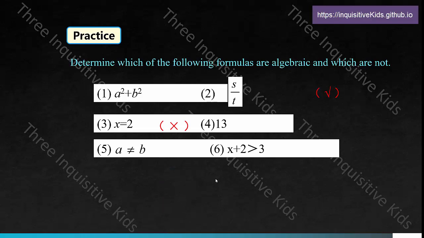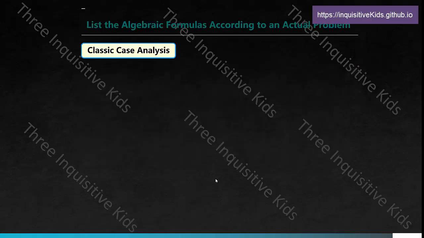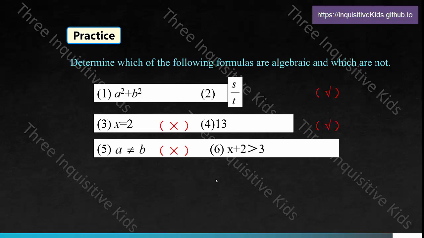The third one is not an algebraic expression because it has an equal sign. 4 is a single number, and that is also an algebraic formula. A is not equal to B, that shows relationships, so that is also not an algebraic expression. And that's also the same for number 6. It is x plus 2 is greater than 3, and that also in fact shows relationship.